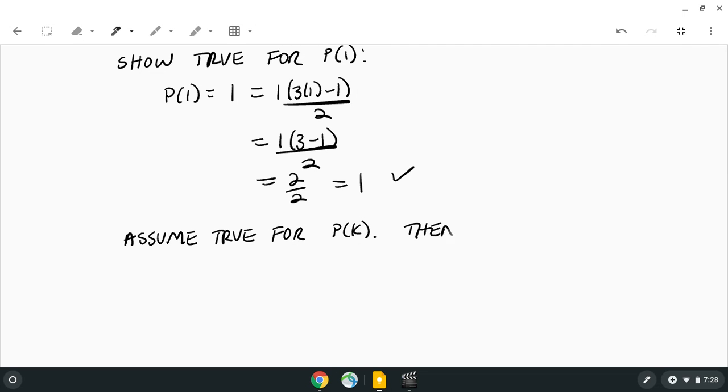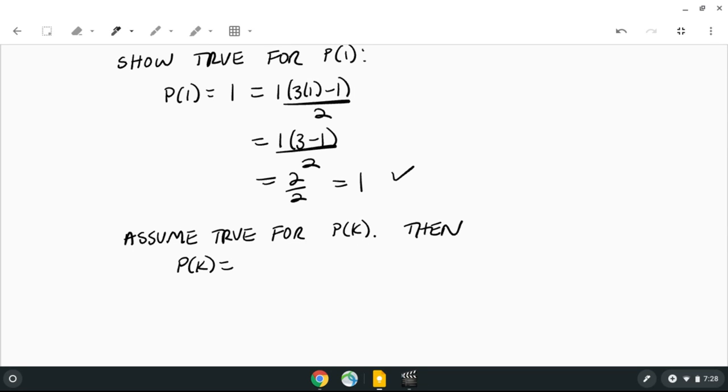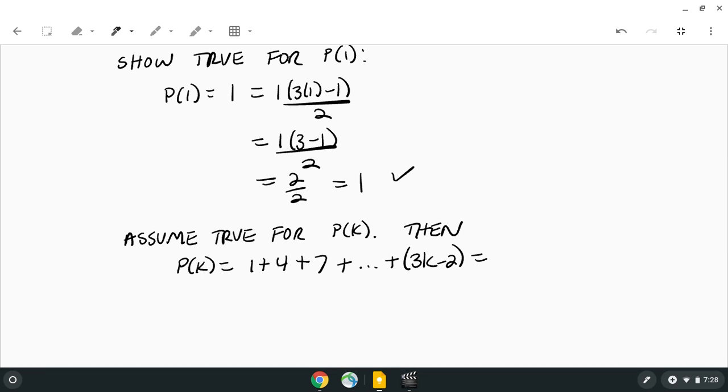Okay, so now we assume true for P of k. So then let's write that one out. P of k, which equals 1 plus 4 plus 7 plus ... plus 3k minus 2. So now we're replacing all the n's with k. We get that this should equal k times (3k minus 1) all over 2.